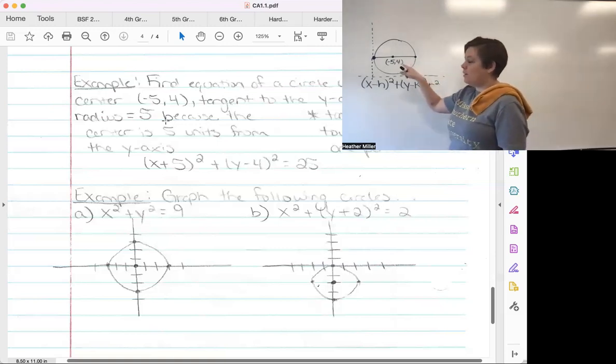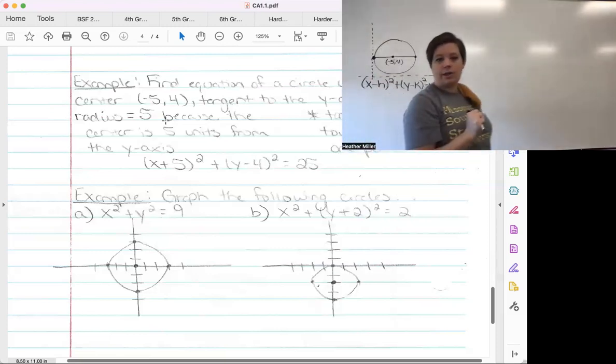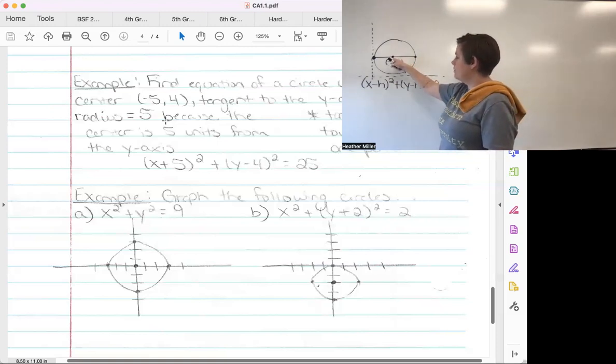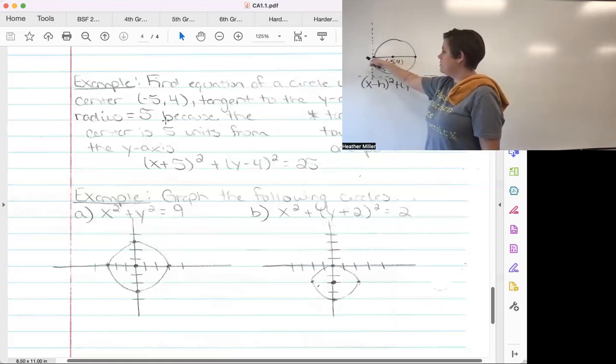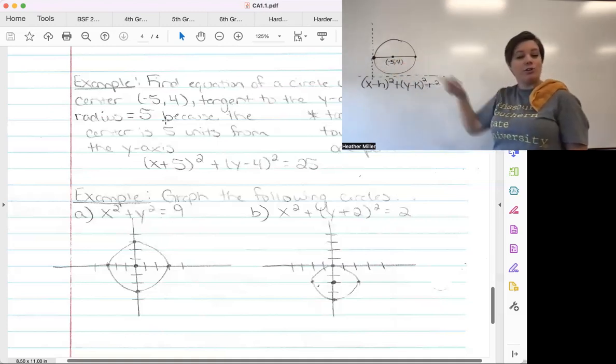Because here's what I'm going to talk about. If we're at the center right here of -5, 4, and I need to walk over here to touch the y-axis, how far do I go? If I have to start from the center and I walk till I touch the y-axis, then how far do I go?